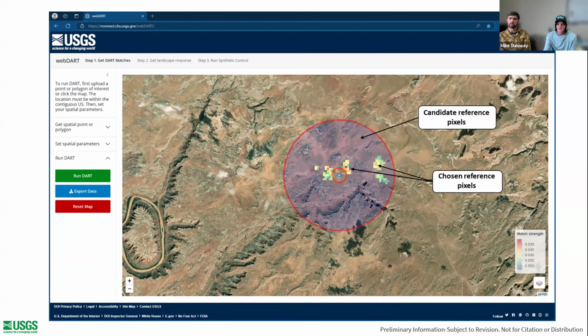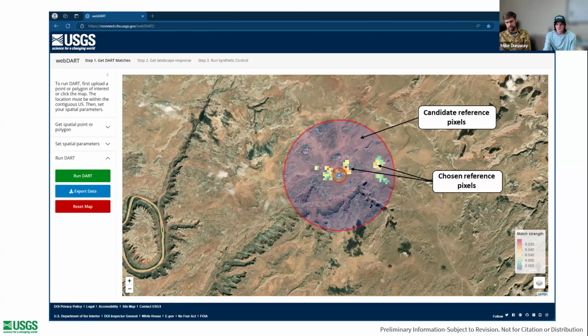Once the tool has run, you're given this set of candidate reference pixels that's shown in the blue. Those are all the pixels inside that reference area that are considered for matching. Then, depending on how many reference pixels you chose to match with each target pixel, you get this set of chosen reference pixels that is outlined in different colors on top of the candidate reference pixels.